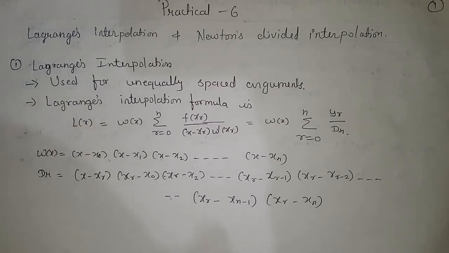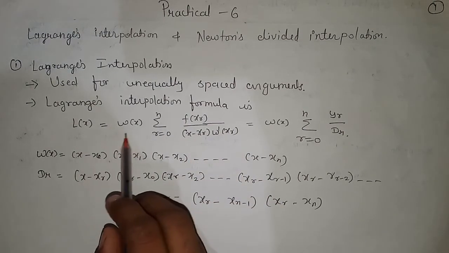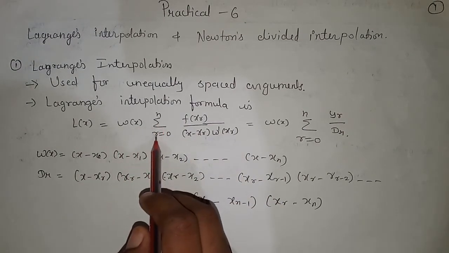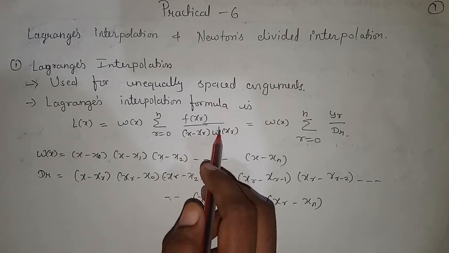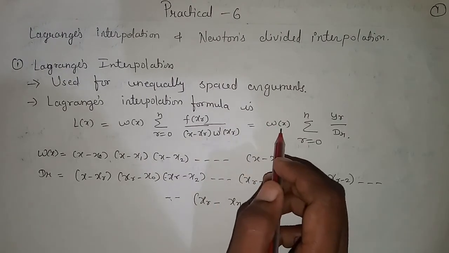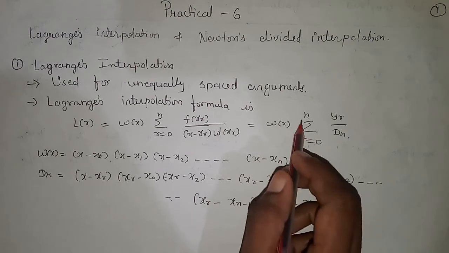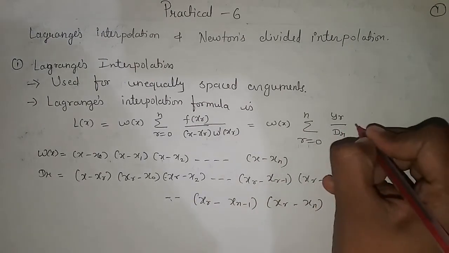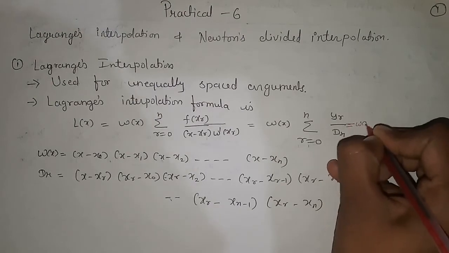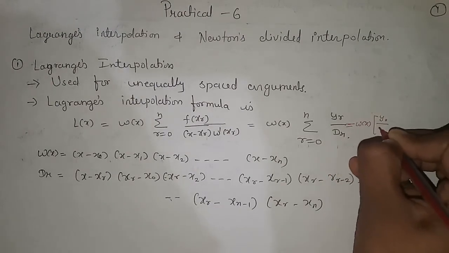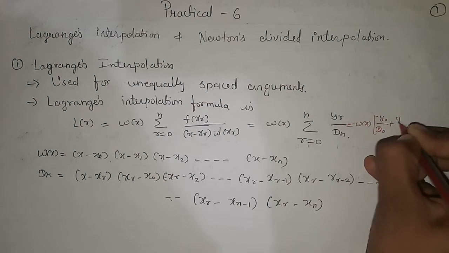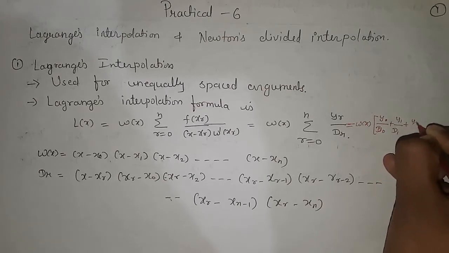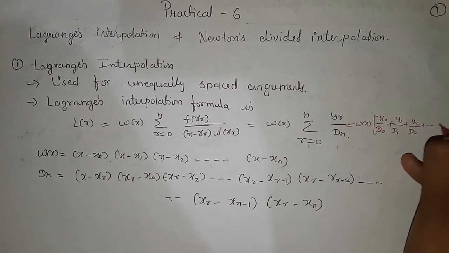Now this is the formula for Lagrange's interpolation. L of x is given by w of x, summation r equal to 0 to n, f of xr upon (x minus xr) w dash xr, which is equal to w(x) times summation r equal to 0 to n of yr upon dr. Or we can write this also as w(x) times [y0 upon d0, y1 upon d1, y2 upon d2, and so on up to yn upon dn].